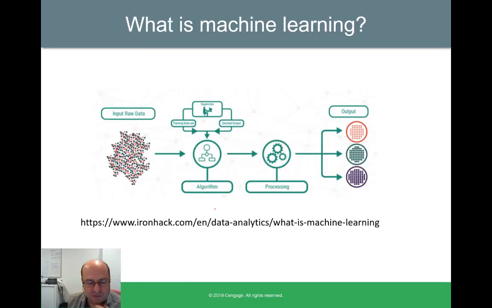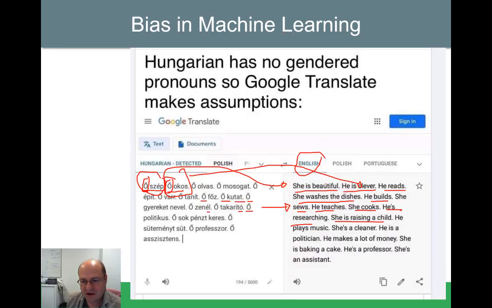So basically, in this process, the machine learning was trained with biased data, data in which the majority of inputs connected the feminine to beauty, washing dishes, sewing, cooking, and the masculine to clever, reading, building.